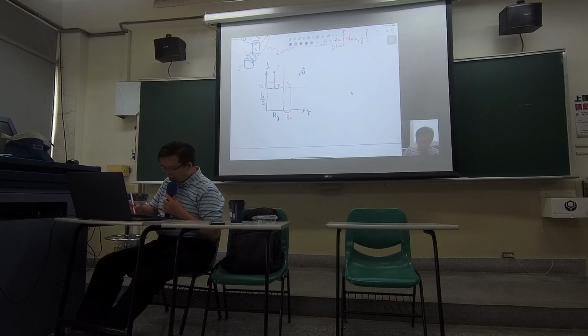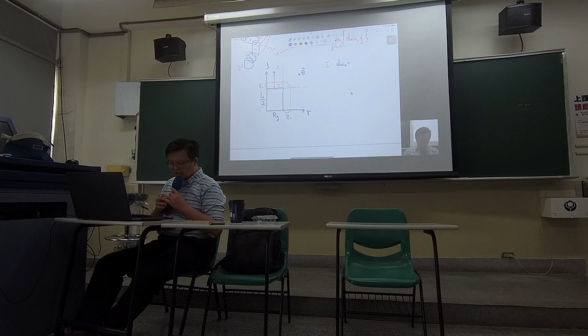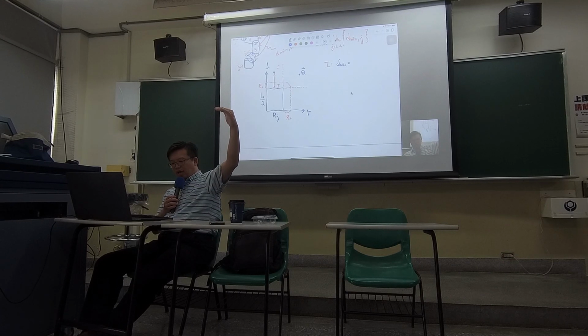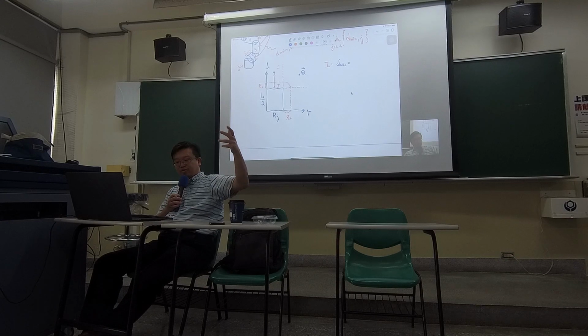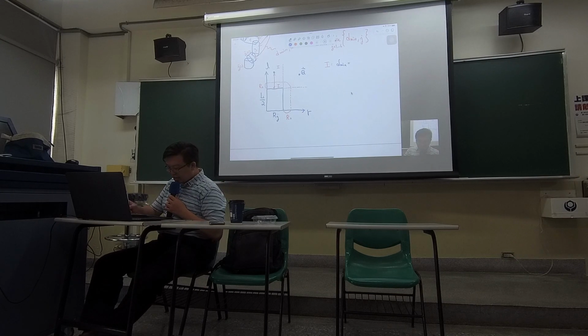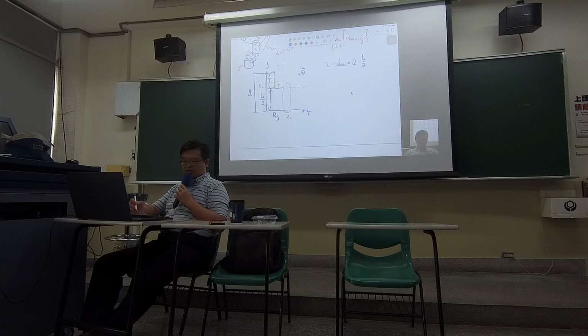So inside region 1, the shortest distance, d min, will be the L coordinate of Q minus half of capital L. This is L, this is half of L, so this is small l minus half of capital L, right?